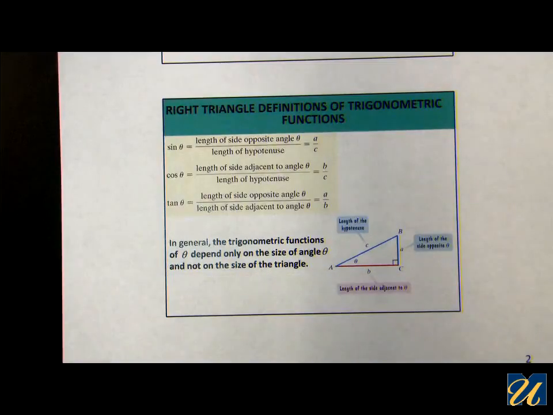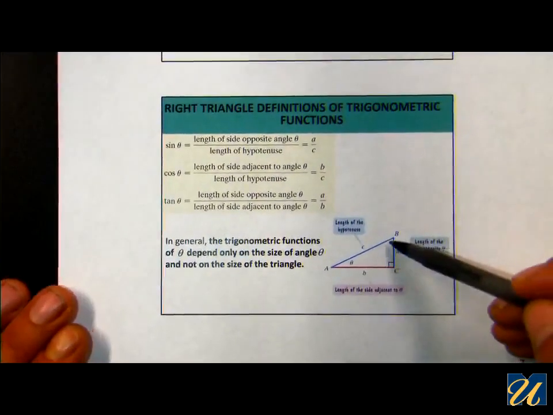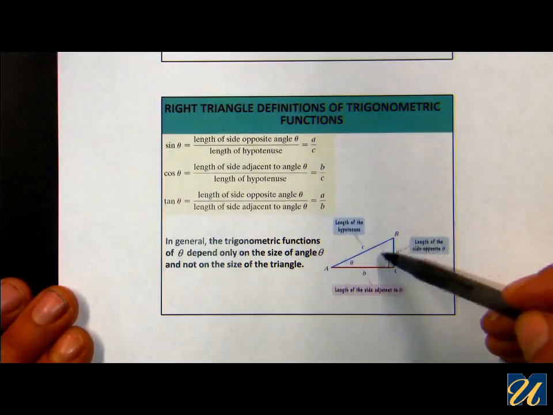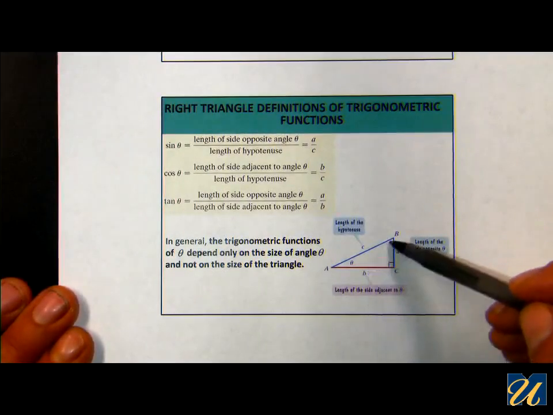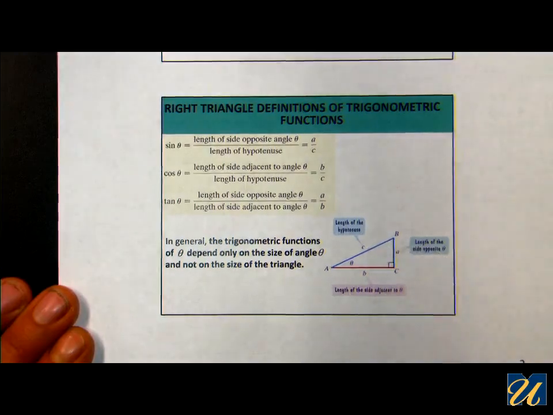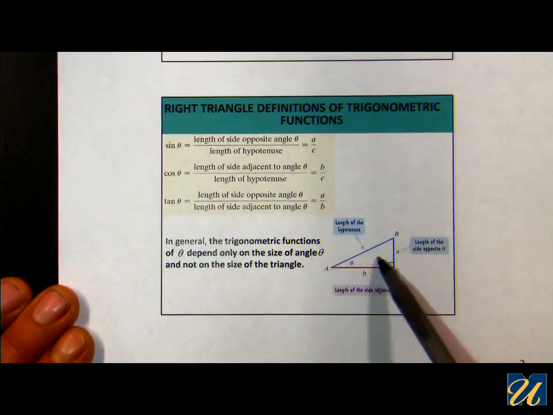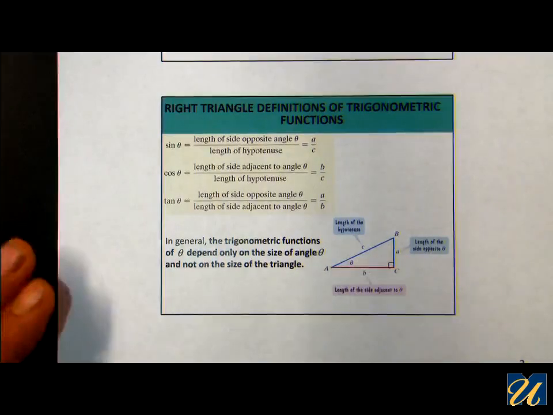Also note that if we put the angle theta in this position right here, then the opposite to this angle theta is this length, the adjacent side to this angle is this length, and the hypotenuse is always opposite the 90. So you have to always look to see where the angle theta is before you understand what means opposite, what means adjacent, and what means hypotenuse.